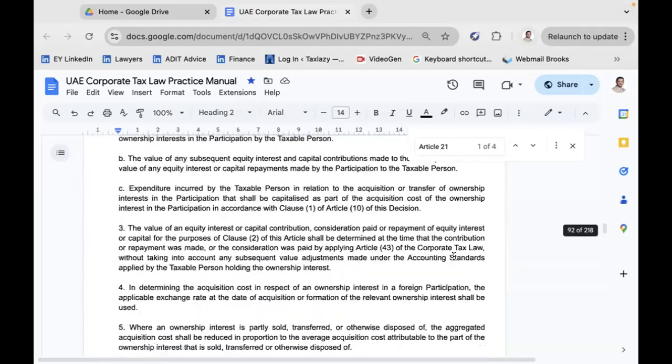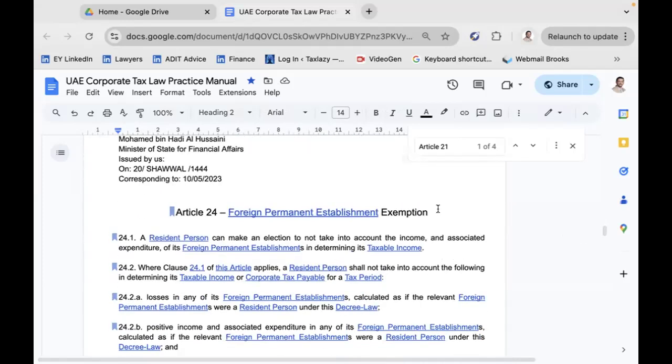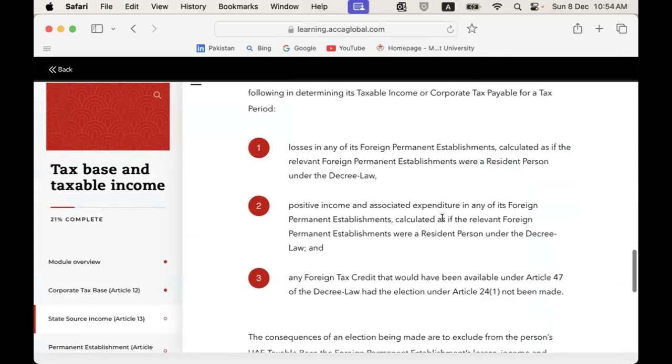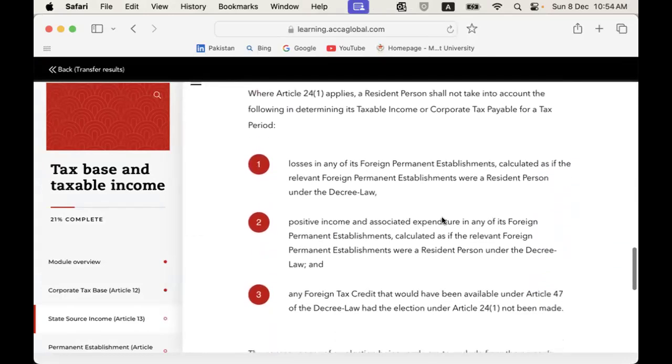Foreign permanent establishment exemptions. Permanent establishment, right? Yeah. Foreign permanent establishment. So there is foreign permanent establishment, and then there is exemption. We will talk about what is foreign permanent establishment exemption. So let's go through this, because it's an interesting concept.